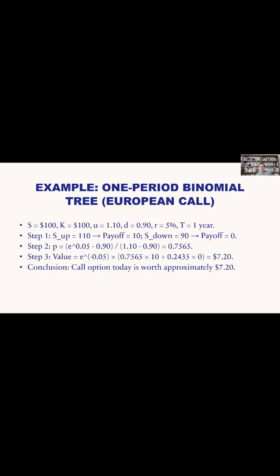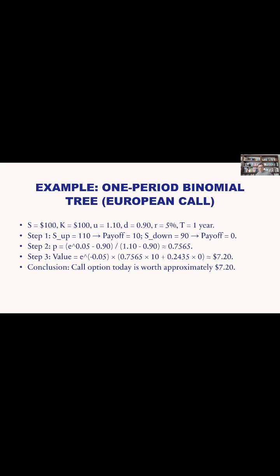It's the new price of the security minus the strike price. Now, if that strike price was above the 110, then the value of the call would be zero. There is no negative value, so it would be zero.